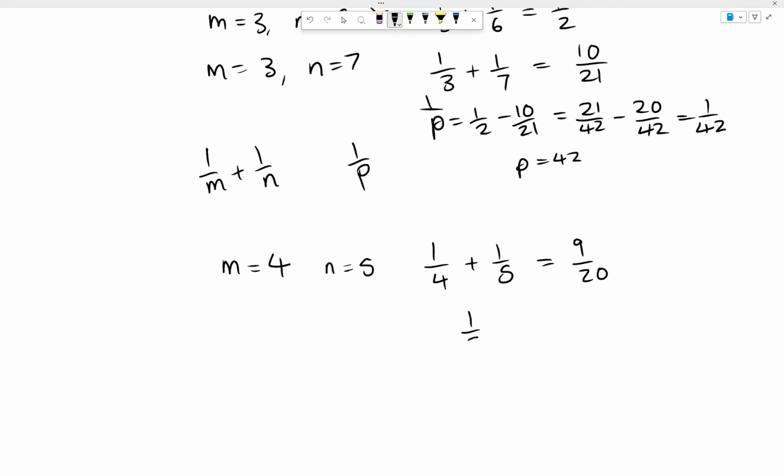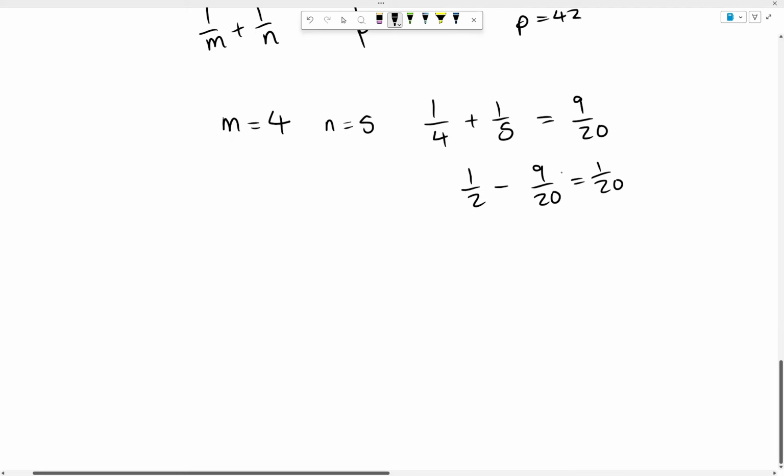So therefore a half minus 9 over 20 is 1 over 20. Well, p equals 42 is definitely bigger than p equals 20.